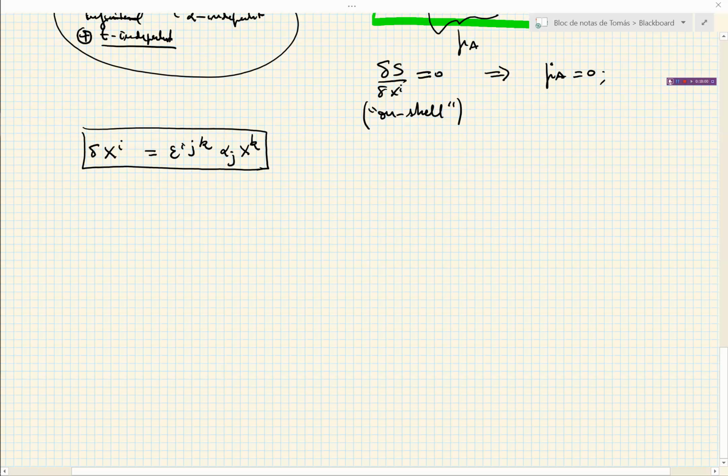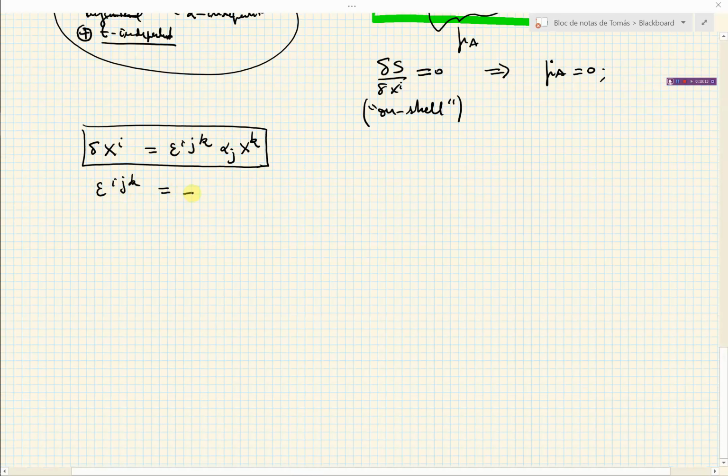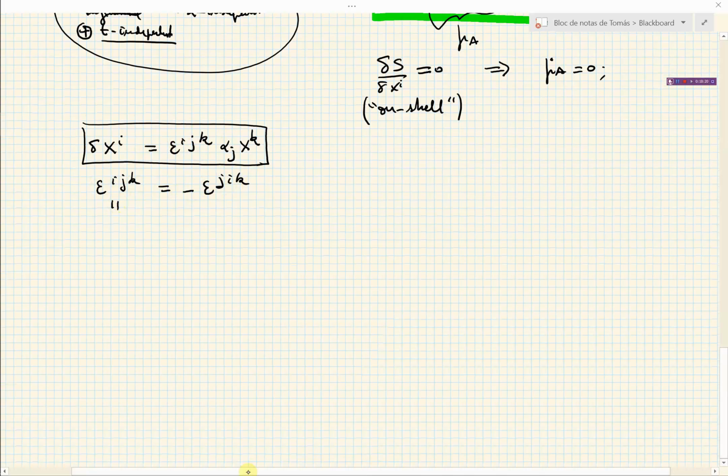This is a completely antisymmetric tensor. It's a tensor only in space indices. This means that if I interchange any of its indices, then I get a minus sign, any pair. Epsilon_ijk is also equal to minus epsilon_ikj, and it is also equal to minus epsilon_kji.